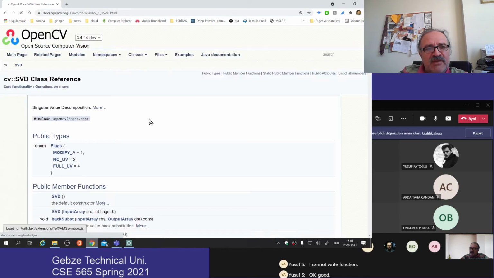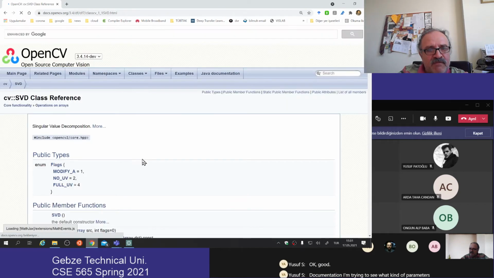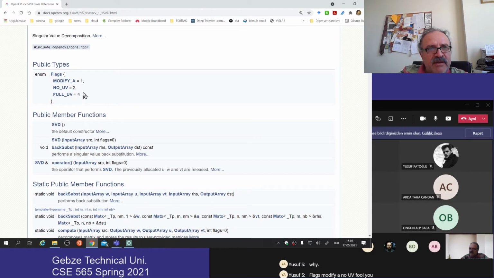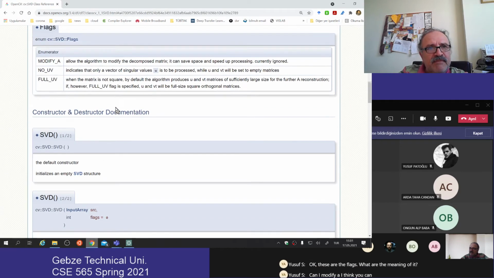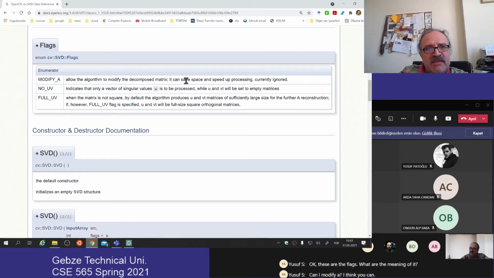I'm trying to see what kind of parameters there are. Flags: modify A, no UV, full UV. What is the meaning of these? I think you can OR them. Modify A allows the algorithm to modify the decomposed matrix, which can save space and speed. No UV means only a vector of singular values is processed, so just give me the singular values only, I don't need U and VT. When you say full UV, I need everything.